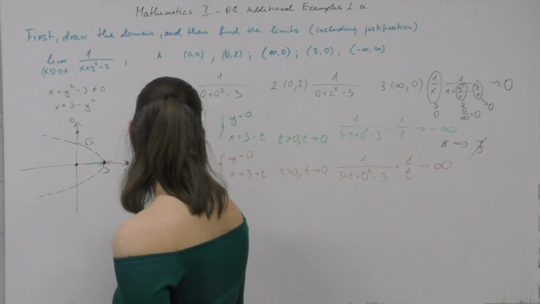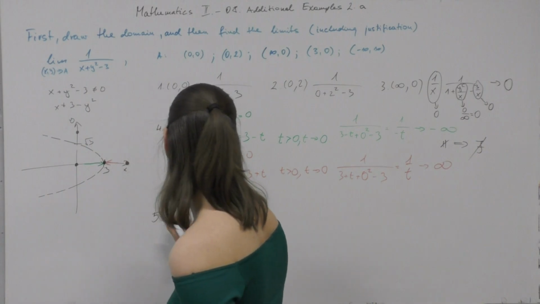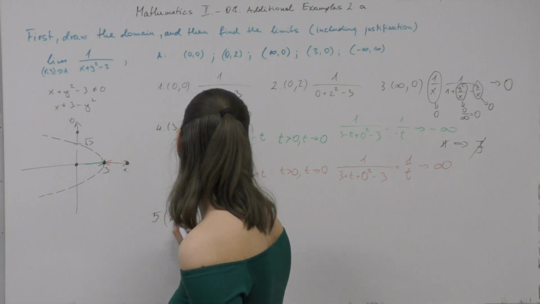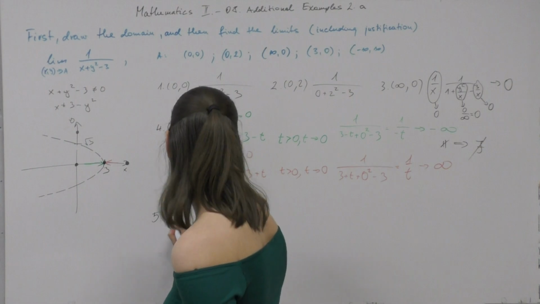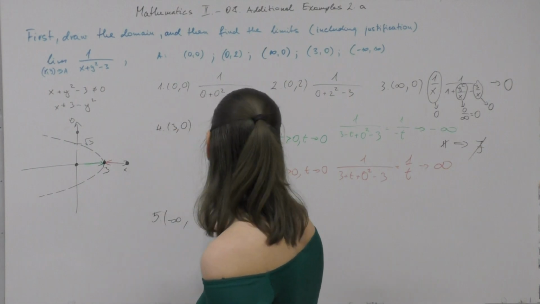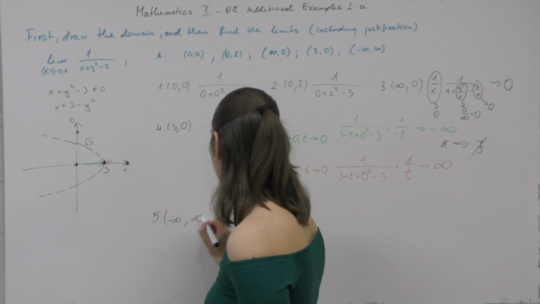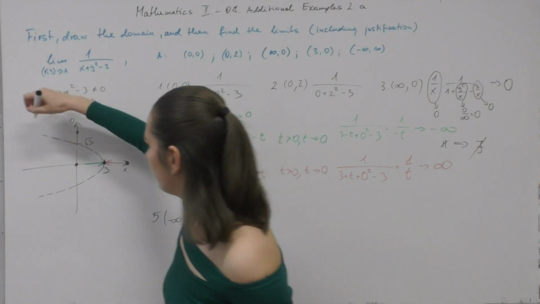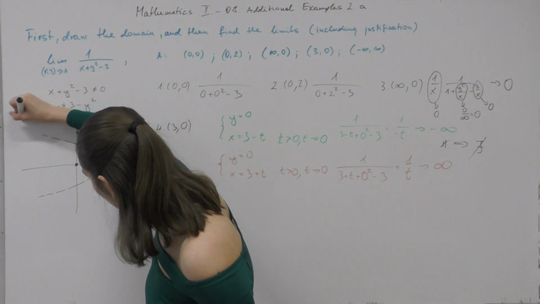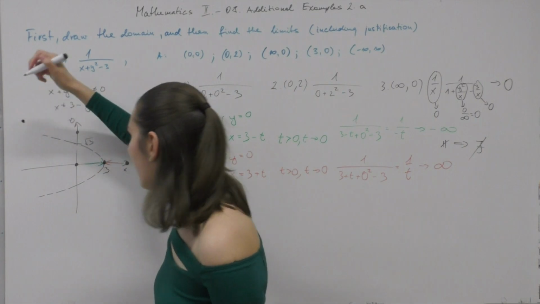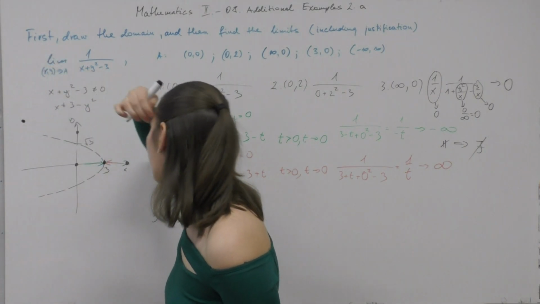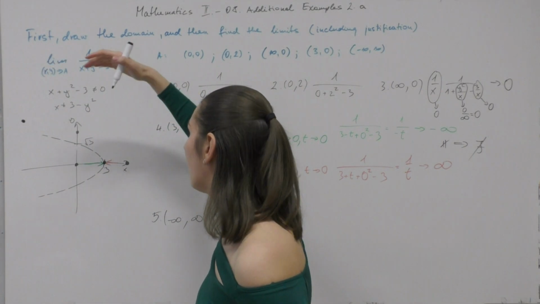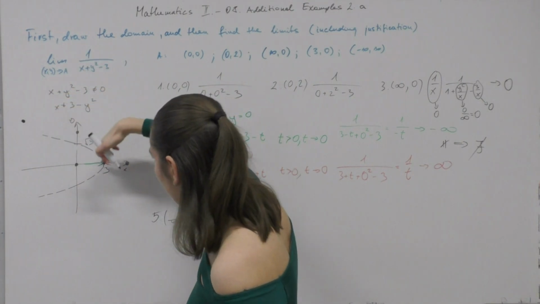And in our last case, x goes to minus infinity and y goes to infinity, which we can draw like this. Now we also try to find different paths with different limits, but not this path.